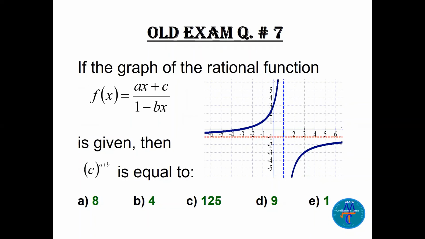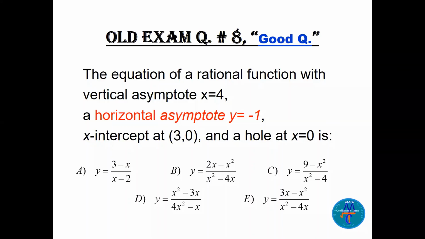In this one, we have the graph given, and the function should be in this form, f of x equals ax plus c divided by 1 minus bx. So you have to be careful. Look at the graph, find the function, put it in this form, then find a, b, c. Now, question number 8 is a good question.